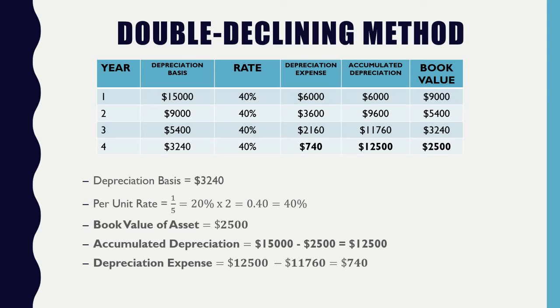When we move it around, we keep the accumulated depreciation, because we know it's 12,500, and we subtract out the previous years to get our current year's depreciation expense.